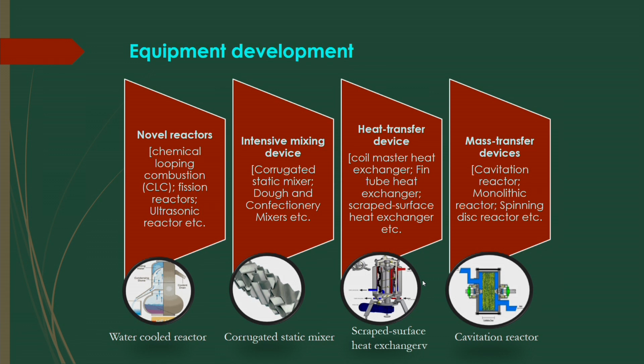And spinning disk reactors are also coming nowadays, where separation as well as reaction happen simultaneously in an integrated way. So, the spinning disk reactor is also one important intensified equipment for mass transfer. The process intensification is being done in different ways, so equipment development is one of the important aspects.